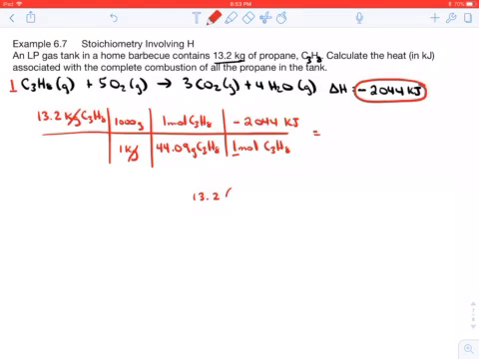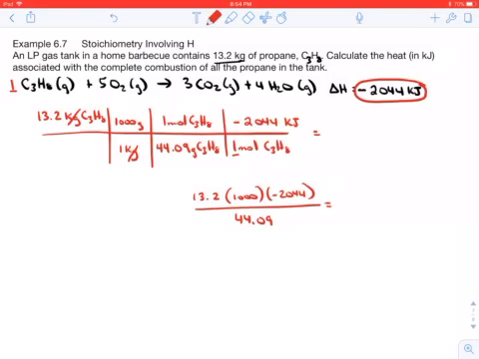So in our calculator, we'll take 13.2 times 1,000 times negative 2044, and we'll divide that by 44.09. Then we'll hit equals in our calculator.